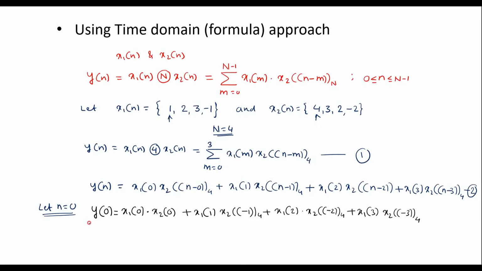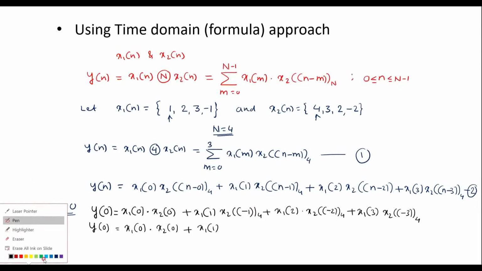So further this can be simplified as x1 of 0 x2 of 0 plus x1 of 1. We know the property that x of minus n is equal to x of N minus n.